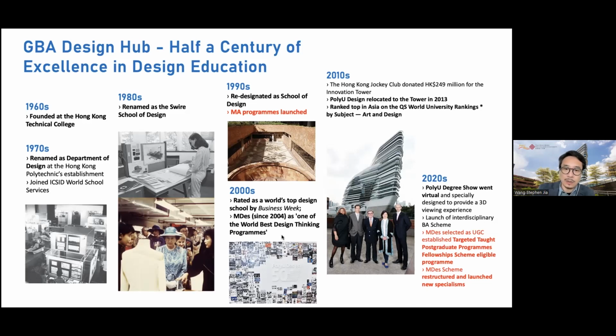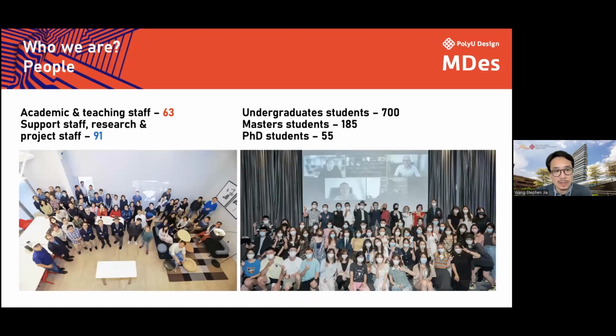Okay, so the school is currently growing. We become bigger and bigger. Currently, we have 63 academic and teaching staff, supported by 91 general admin, research and project staff.